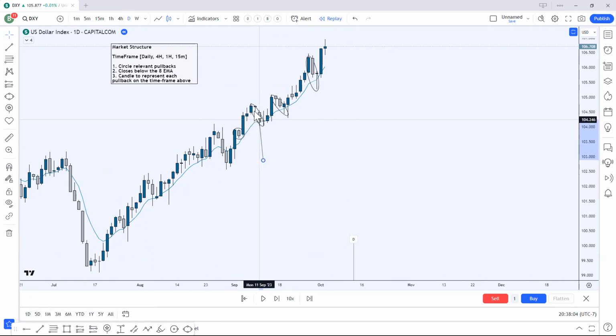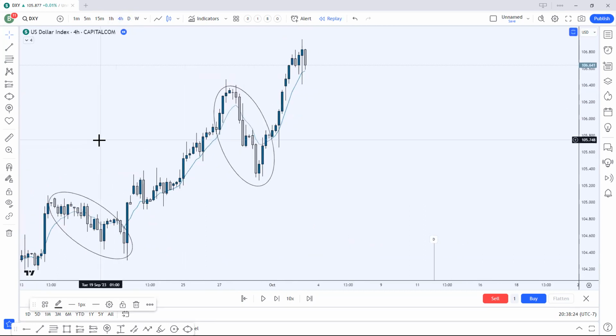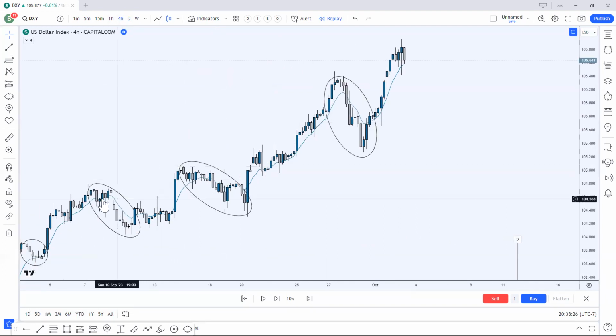This pullback, there's at least one bearish candle, and this pullback, there's at least one bearish candle, and then this pullback, there's at least one bearish candle. I know you guys are seeing that these aren't closing below the EMA, right? That's why it's important to do them in order, because we're validating 4 hour market structure. On the 4 hour is where you need that close below the EMA, right?